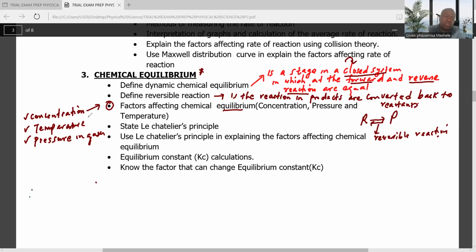And also you need to state Le Chatelier's principle in words.